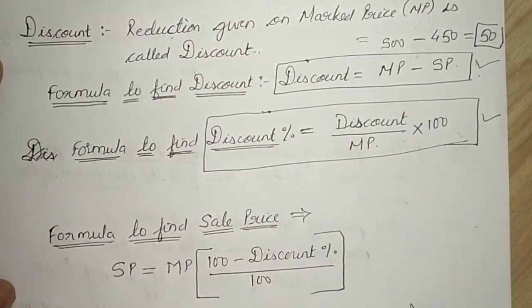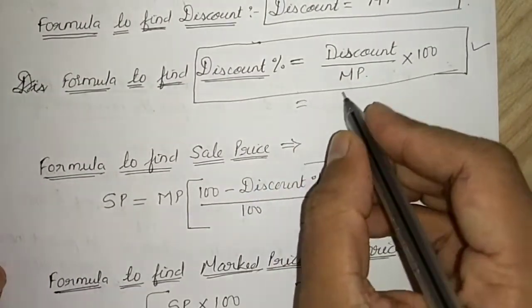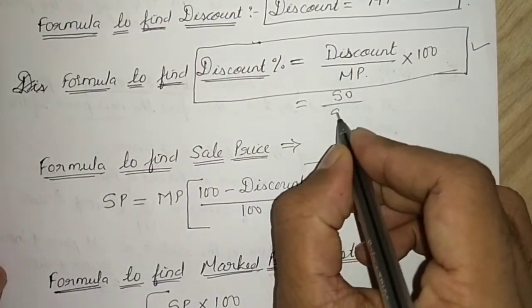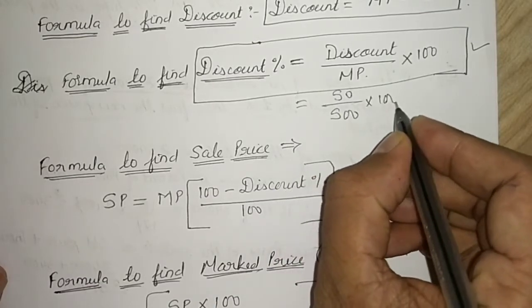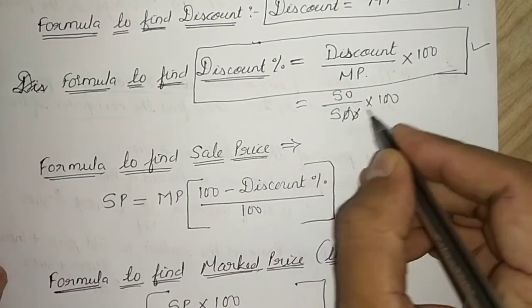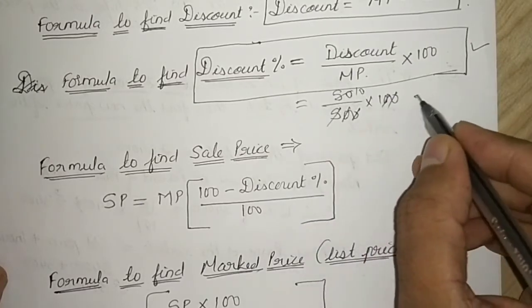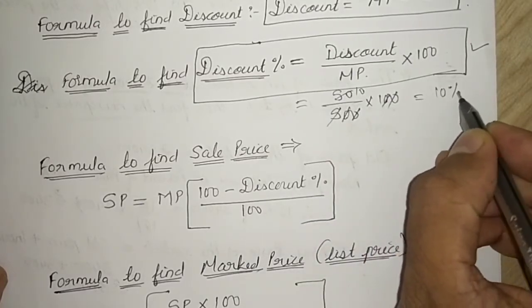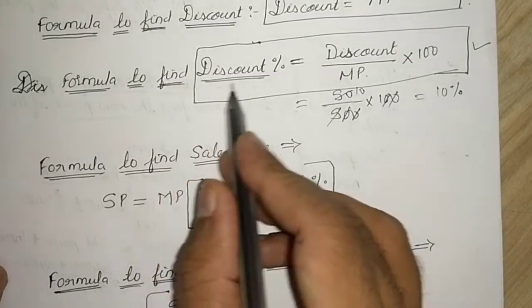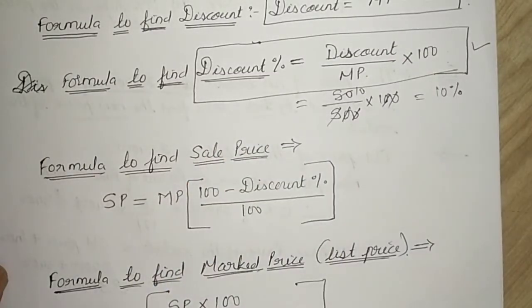You will get the discount percentage. So 50 divided by 500 into 100. The 0 will cancel out. 5 tens are 50. So it will be 10% discount they have given me. Discount percentage was 10%.